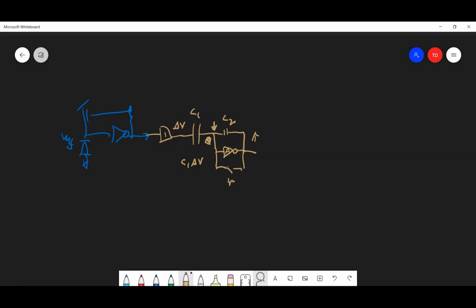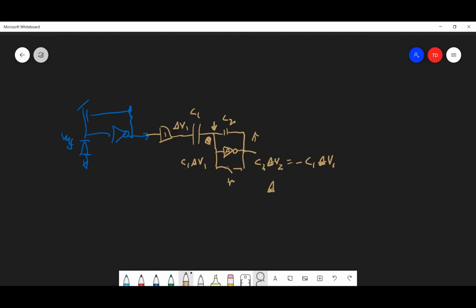Well, if we put a charge Q, which is C1 delta V1, then how much will V2 be? It has to be that C2 delta V2 equals minus C1 delta V1. In other words, the charge has to be the same, right?